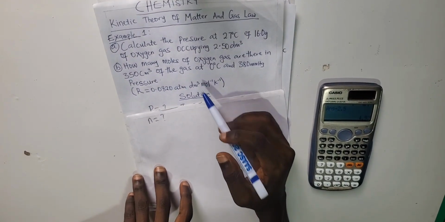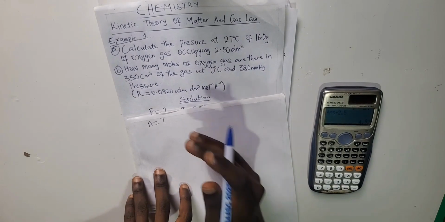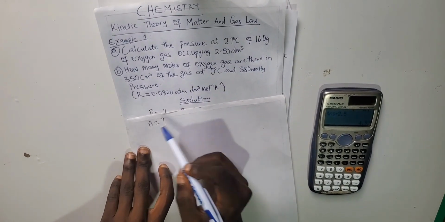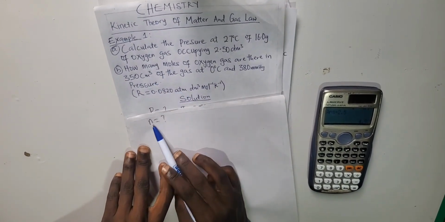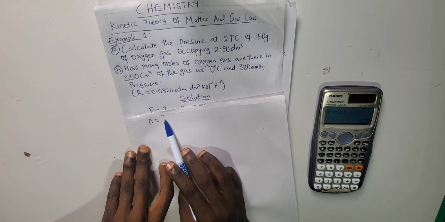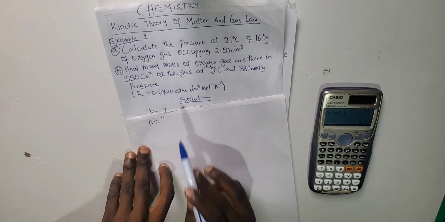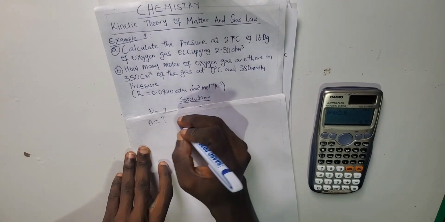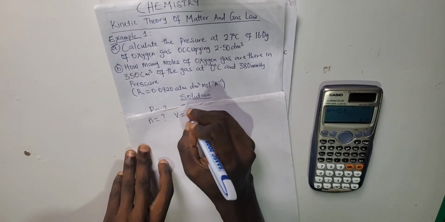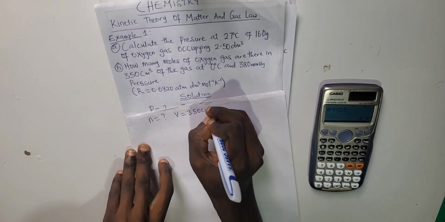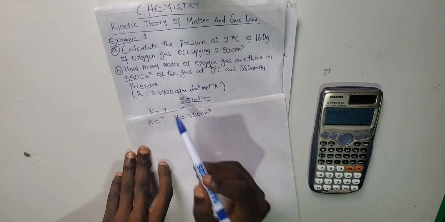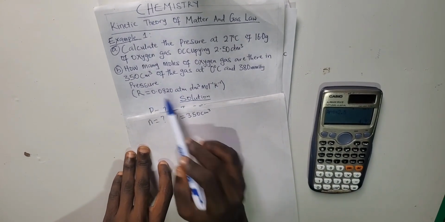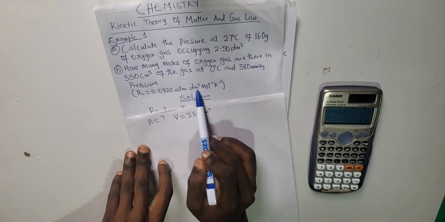Students can easily get confused here, but pay attention to this. Now we are calculating mole. Take the number of moles to be unknown. Then let's write out other givens. We're given volume, and this volume equals 350 cm cube. But now, if I'm working with this gas constant, my volume must be in dm cube, as you can see here.